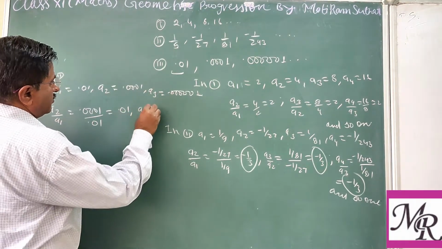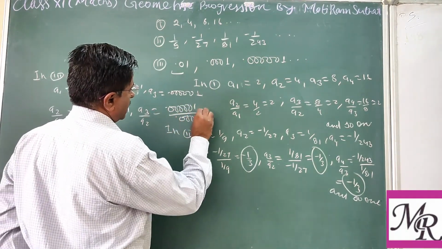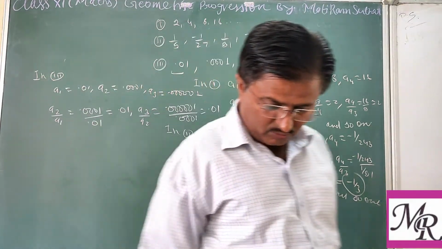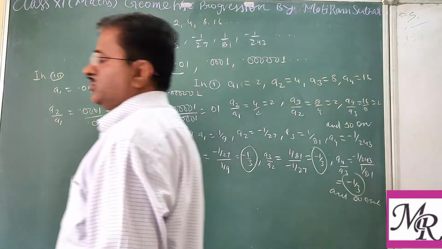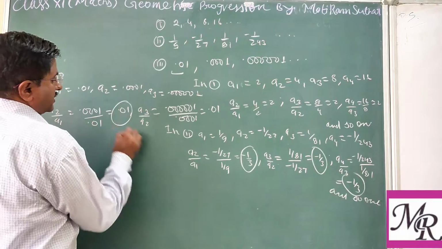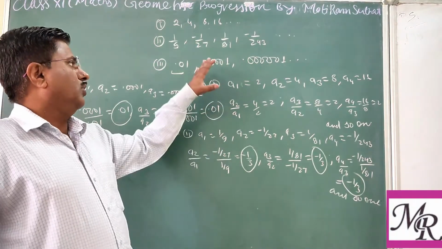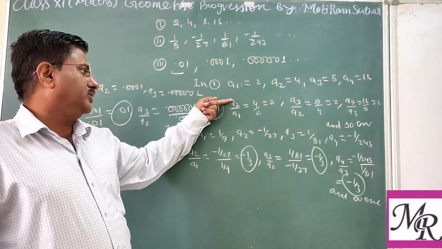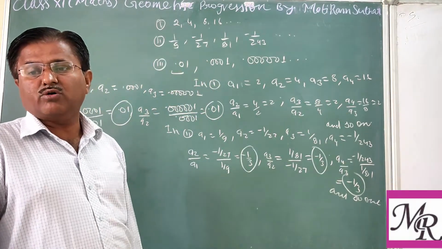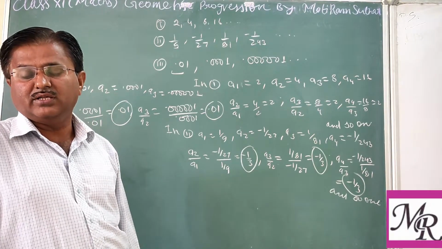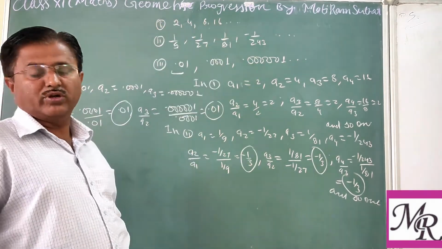A3 by A2 is also 0.1 and so on. So in this way the ratio is a constant for each one in a particular progression. So one may say where the ratio of the terms of a progression remains constant throughout the progression, such a type of progression is known as geometric progression.